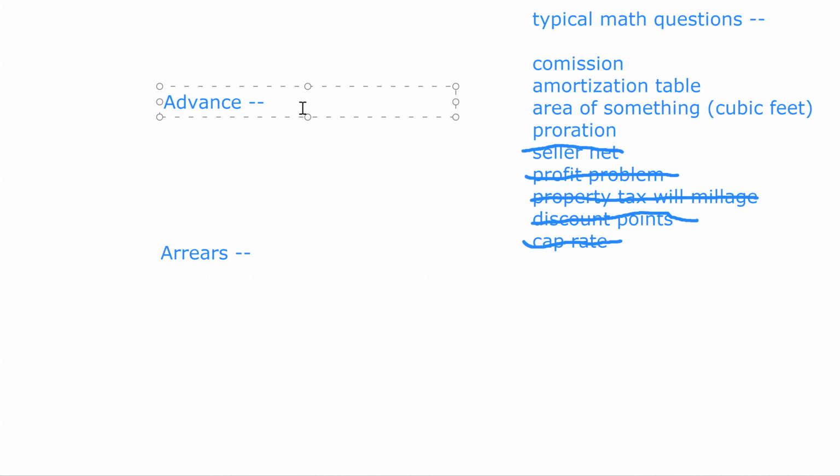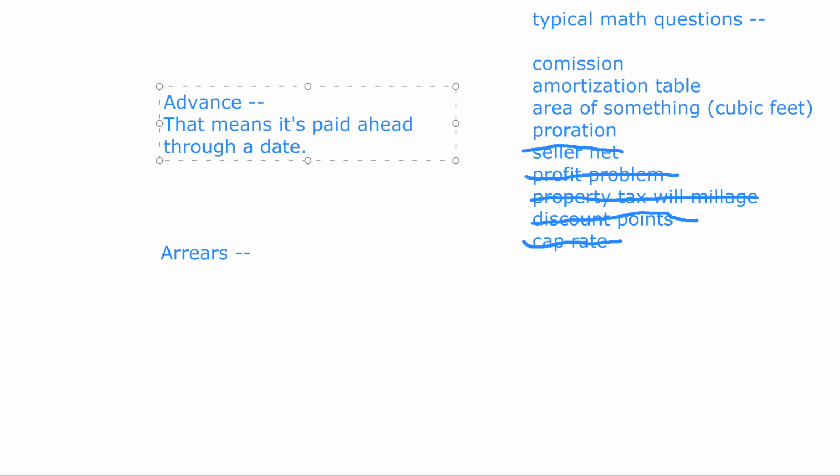If a bill is paid in advance, that means it's paid ahead through a date. Okay. It could be annual, it could be weekly, it could be monthly, whatever it is, paid in advance. Okay.